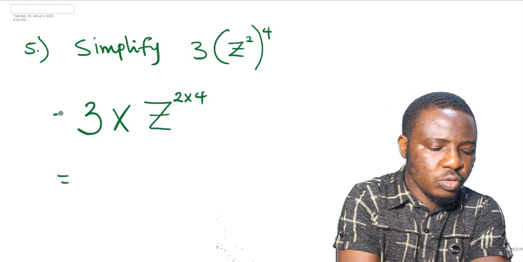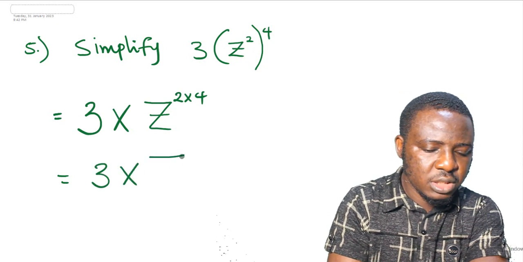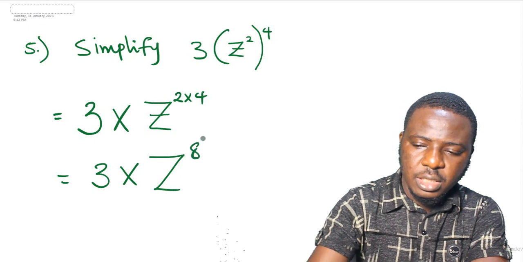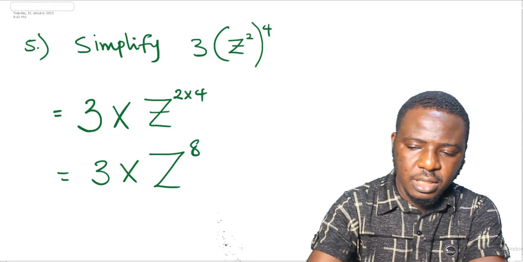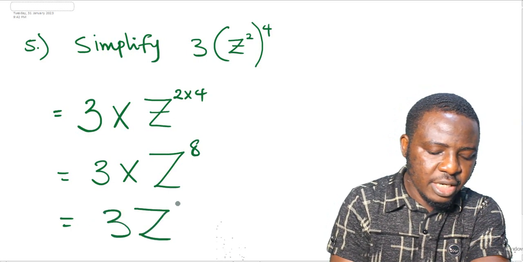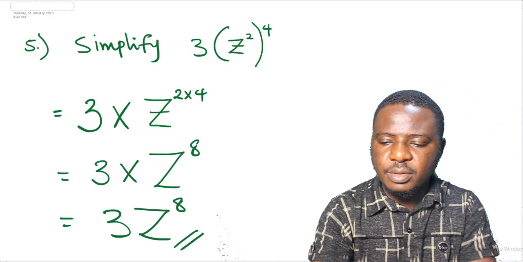This is equal to 3 times z raised to the power of 8, and this can be simplified to be 3z to power 8. So this is your answer.